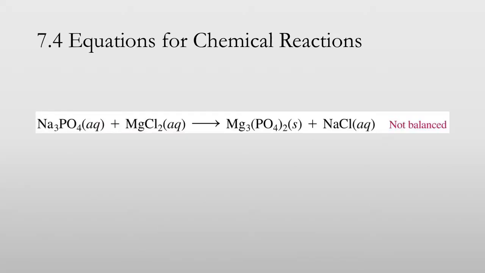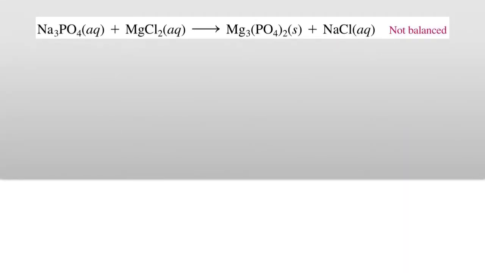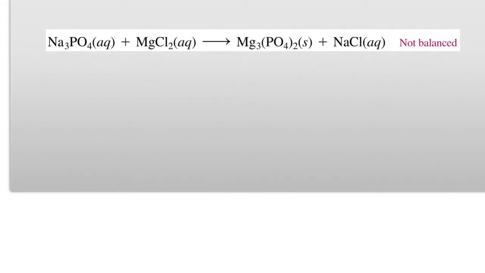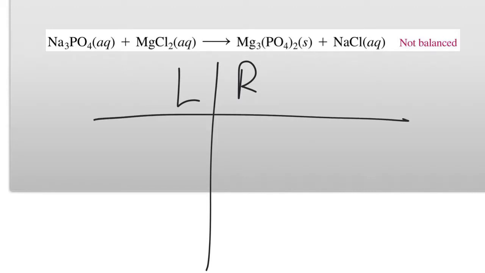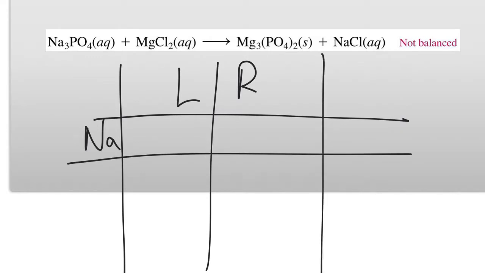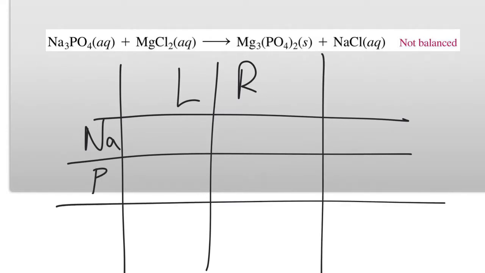All right, this reaction here is sodium phosphate reacting with magnesium chloride to make magnesium phosphate and sodium chloride. And so left, right, we've got sodium, phosphorus. Now, if you do phosphorus, it might be sometimes more complicated than you need to, because this is a polyatomic ion, and it's present on both sides.